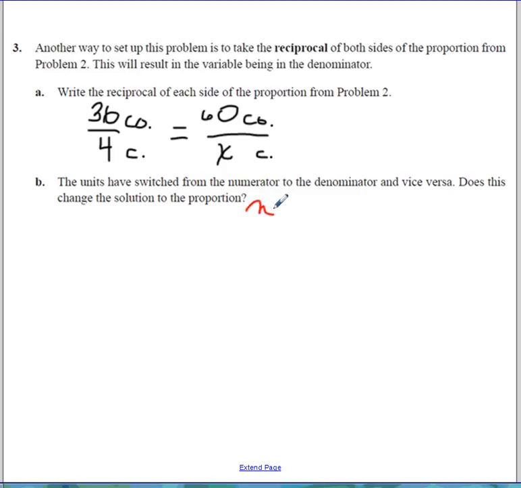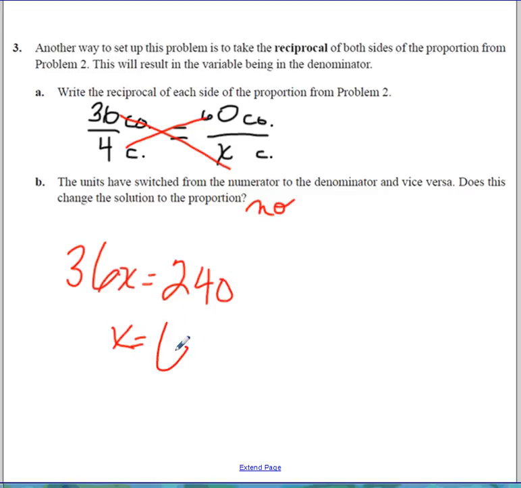Hopefully you know that it won't, because if you look at our problem, we still have the 36 times the x and the 4 times the 60. So 36x equals 240 still, and our x still equals 6 and 2/3.